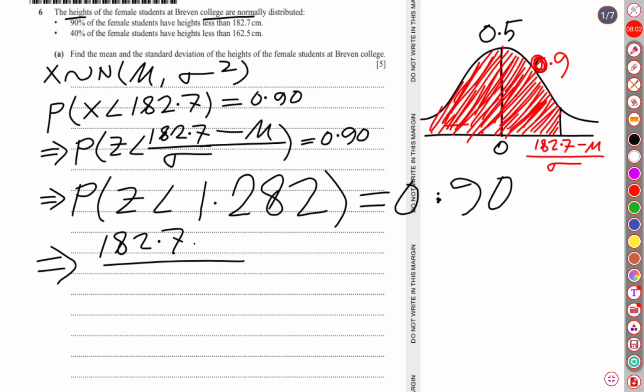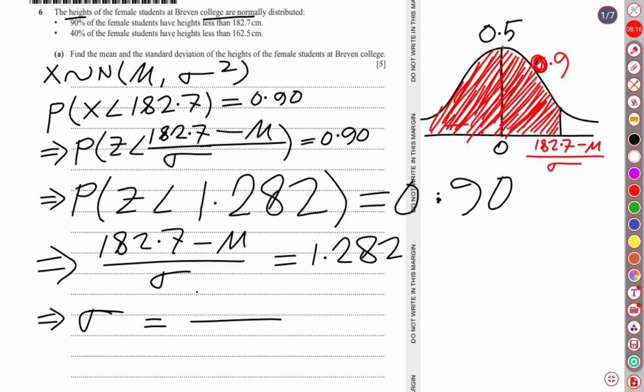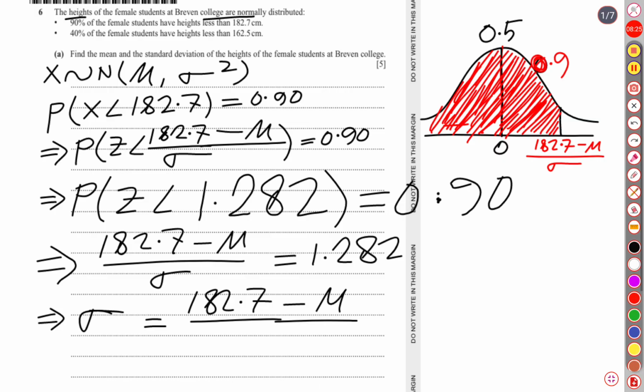182.7 minus mu over sigma is equal to 1.282. Now if we make sigma the subject, sigma is equal to 182.7 minus mu over 1.282.